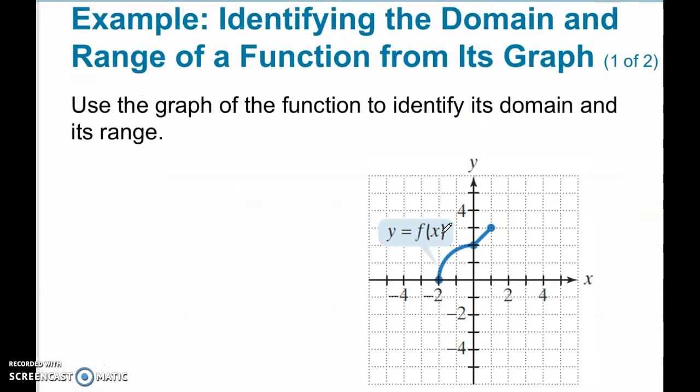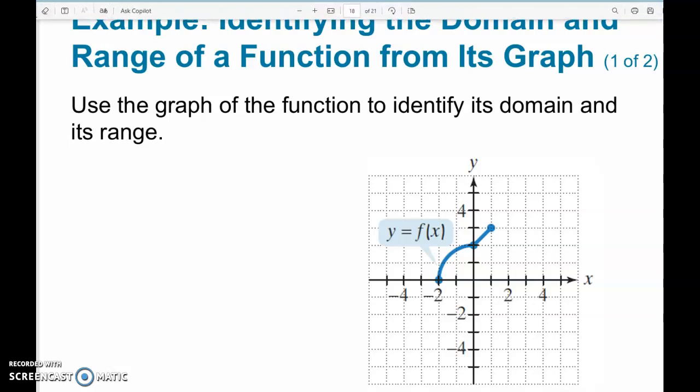So here we have a graph of the function f here shown. So to identify the domain, it tells us to look at the x values. I'm looking at the x-axis is what I want to focus on, right? The x-axis.